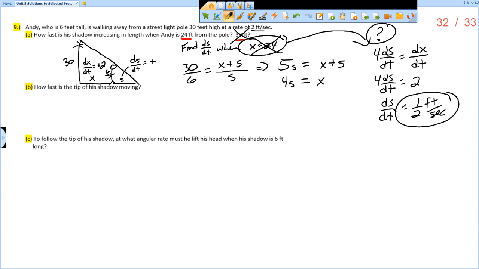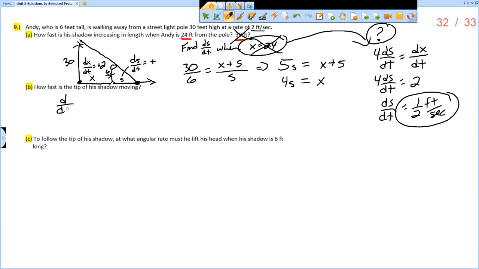All right. Now, how fast is the tip of his shadow moving? How fast is this point moving along the ground? So really we're saying, how fast is the distance that the tip of the shadow is from the light pole changing?